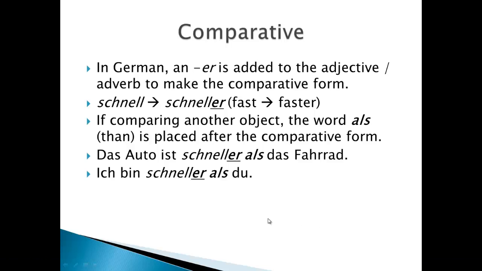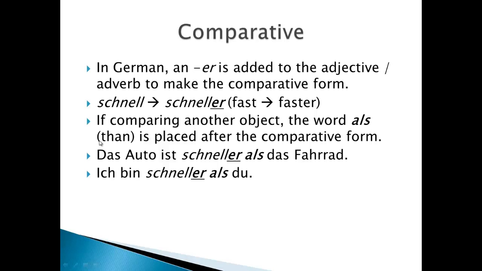And this is what we talked about a little bit yesterday. So like I said, I'm not going to stress too much on this. This is the comparative form. We know that we take the adjective schnell, and then what we're going to do is add an er to that. So schnell would become schneller.